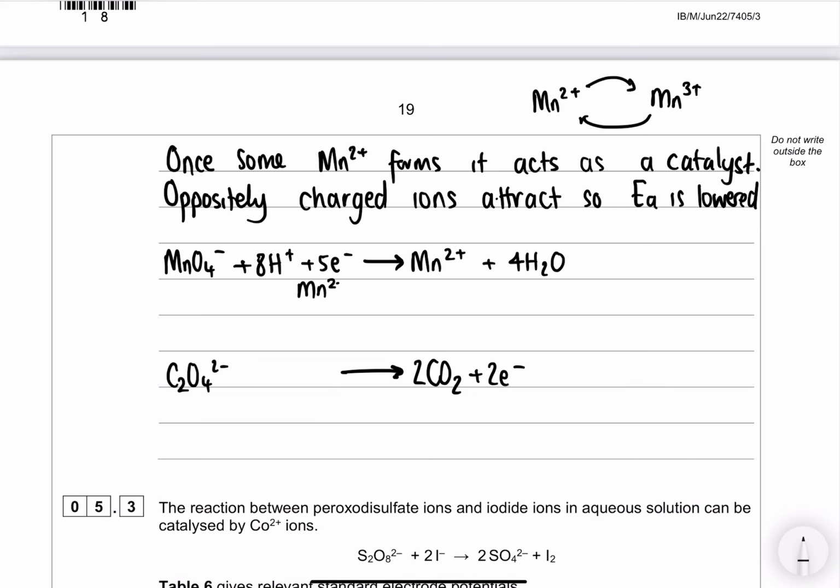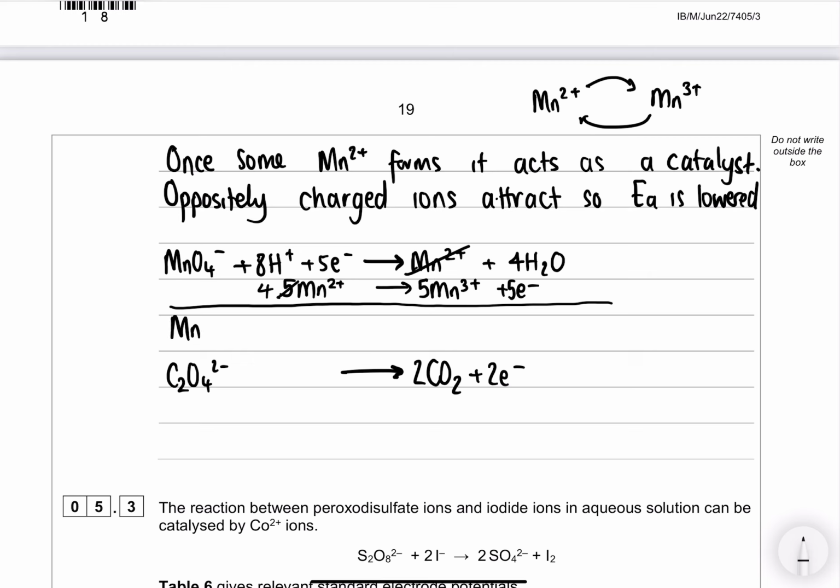So Mn2+ is going to go to Mn3+ plus an electron. Now to combine these two, I'm going to have to multiply by 5, and then I will notice that there are 5 Mn2+ in the bottom equation and 1 in the top, so I'm going to cancel out one of them and make this 4, and then combine them.